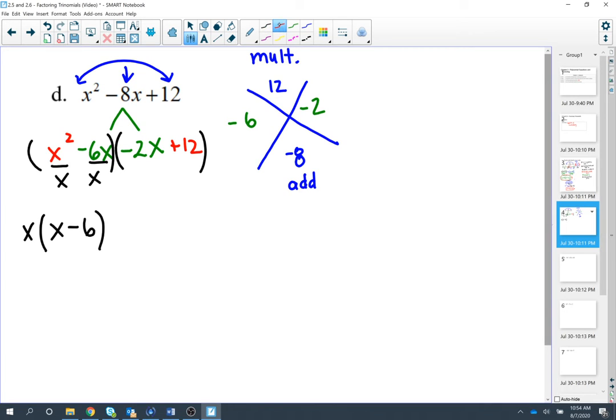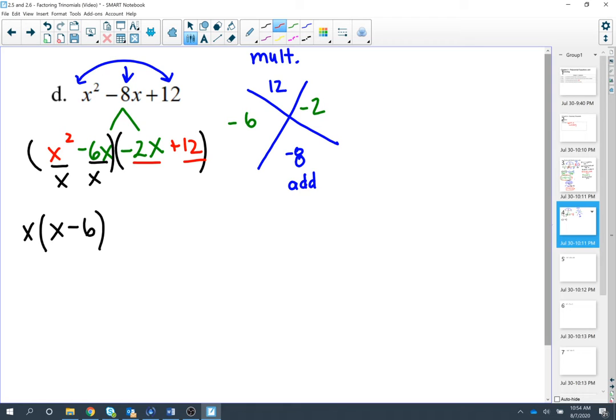Take a look at your next 2. What can you get out of a negative 2x and a positive 12? And be very careful here. Yes, you can get a 2, but do you notice what kind of 2 this is? It's kind of like when we start back here and I said, oh, is your leading term positive?